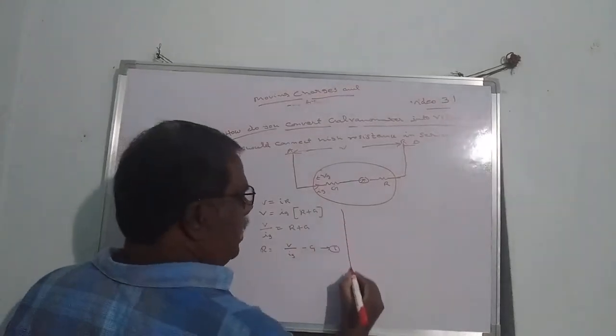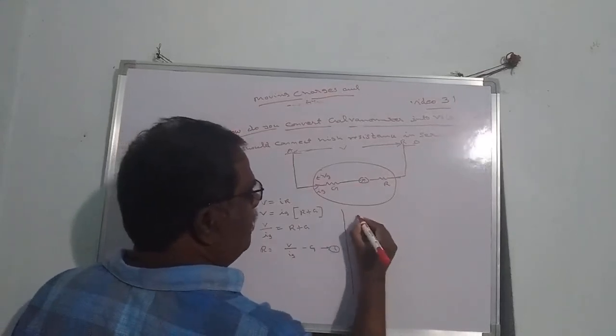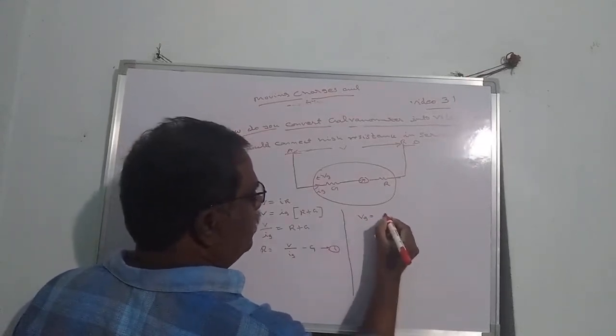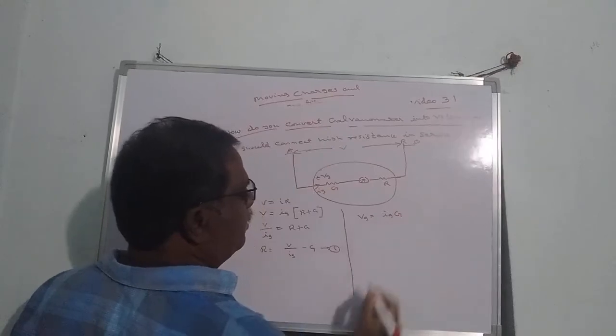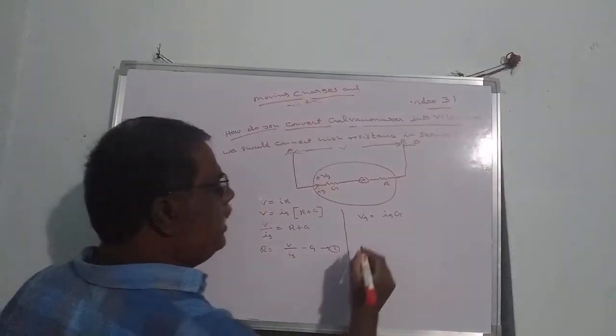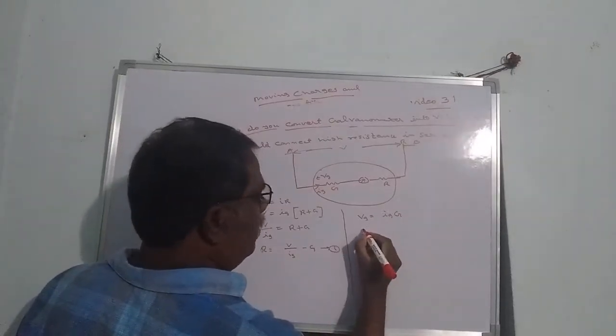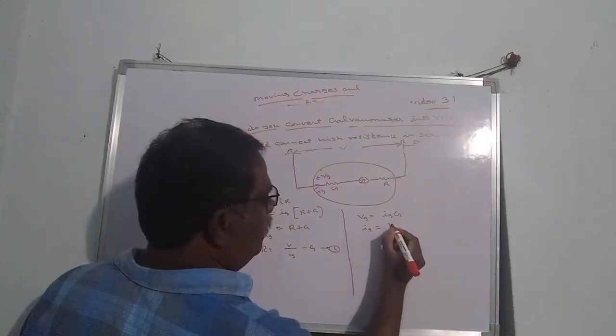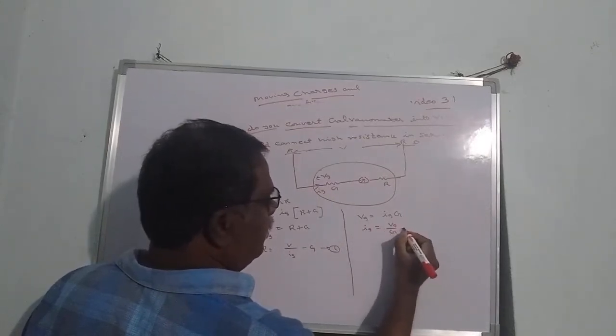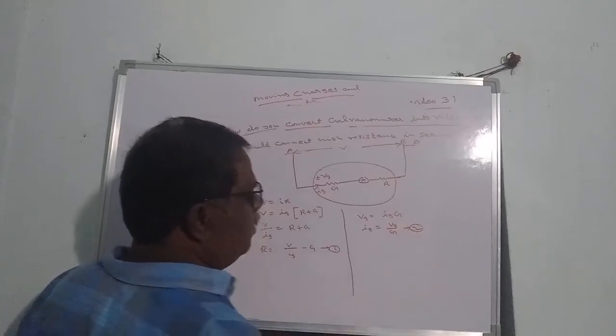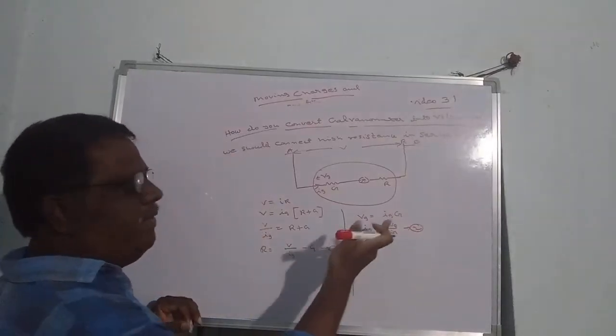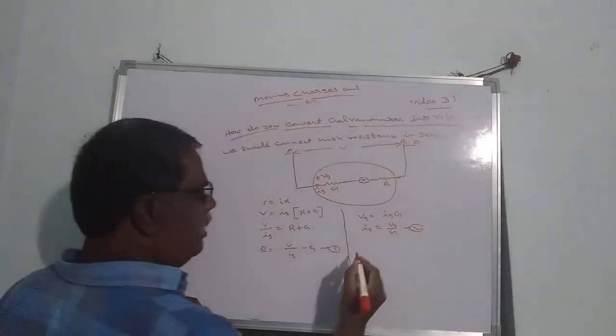Then the potential drop across the galvanometer, Vg, is equal to Ig G. Therefore Ig is equal to Vg by G. This is equation number 2. Substitute equation 2 in equation 1.